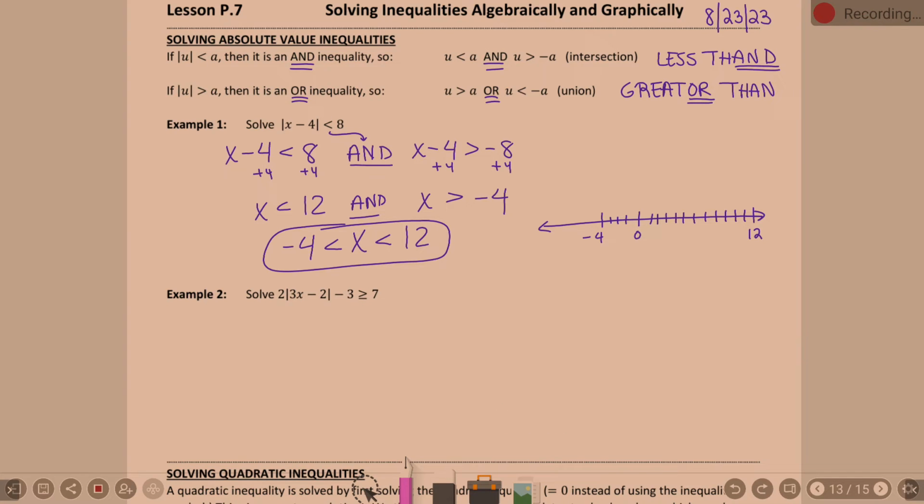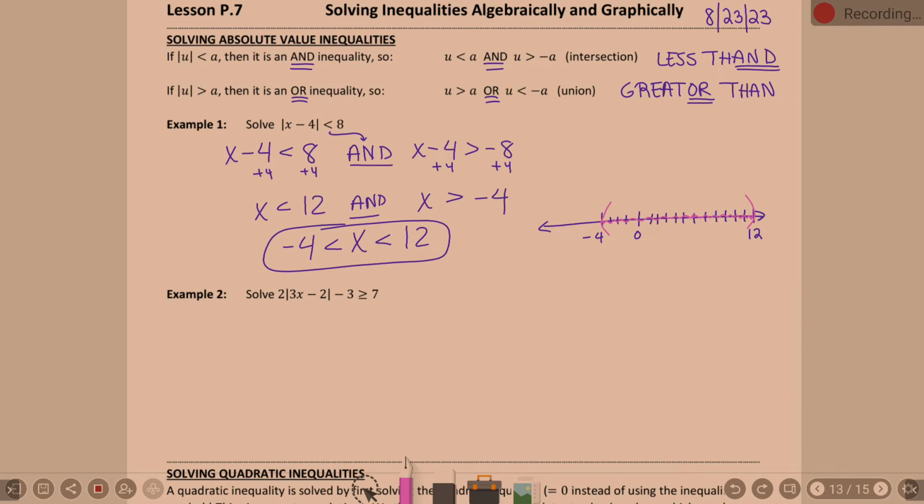I'm going to tweak the open circle comment in a moment, because we're going x less than 12 and greater than negative 4, so the shading is between them. Instead of using open and closed circles, I'm trying to get you guys using parentheses and brackets, yes? So an open circle uses a parenthesis.